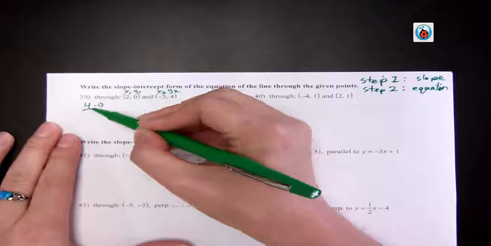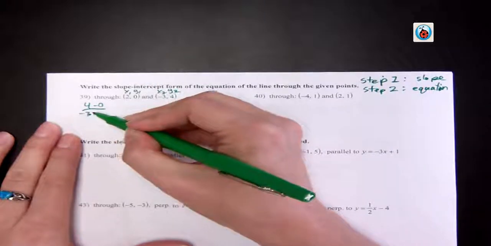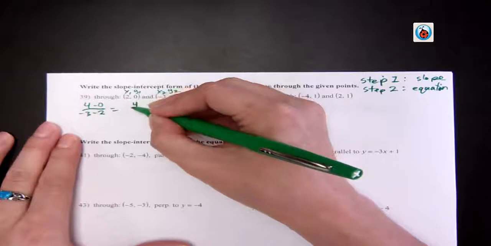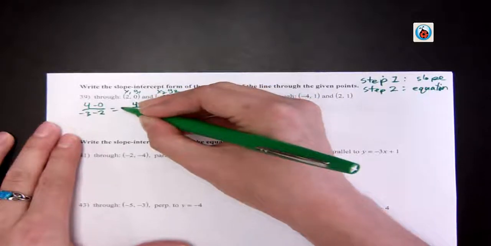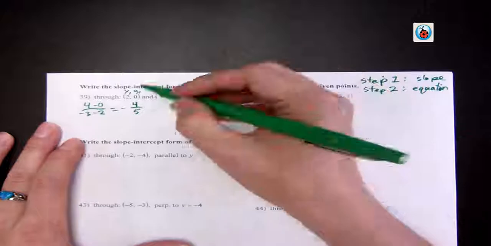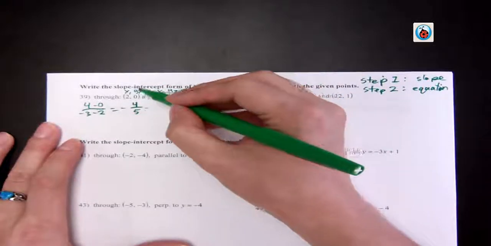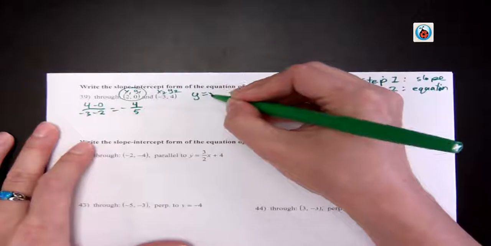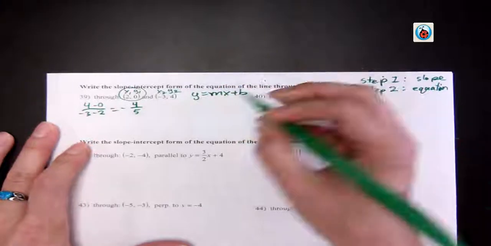So 4 minus 0 over -3 minus 2 gives me -4/5. Now I plug in, I can use either point. I'm going to choose this one and do my y equals mx plus b.